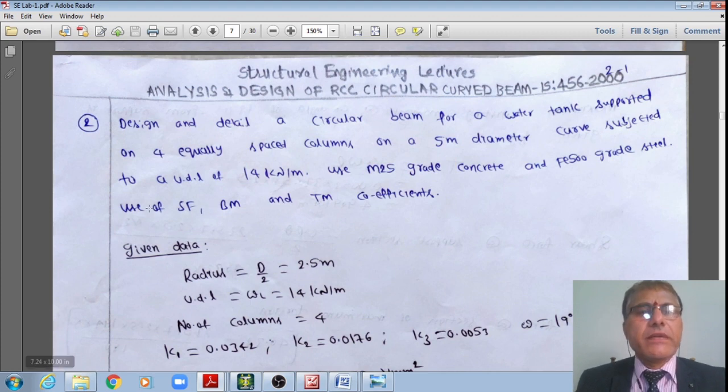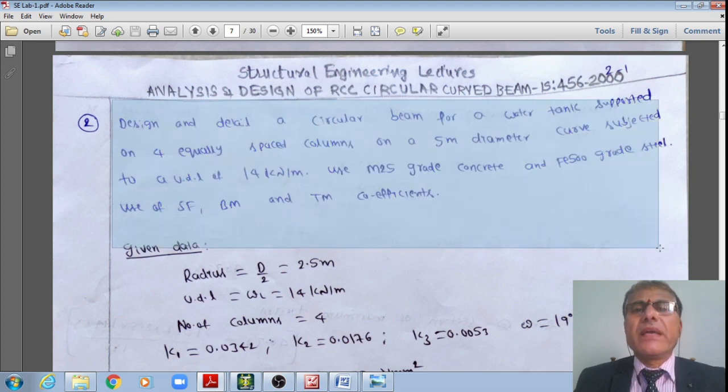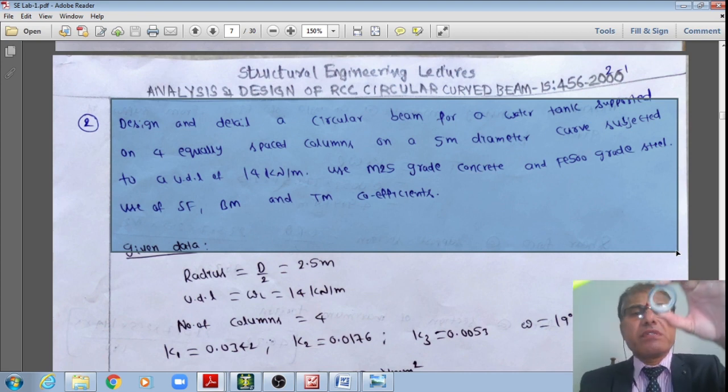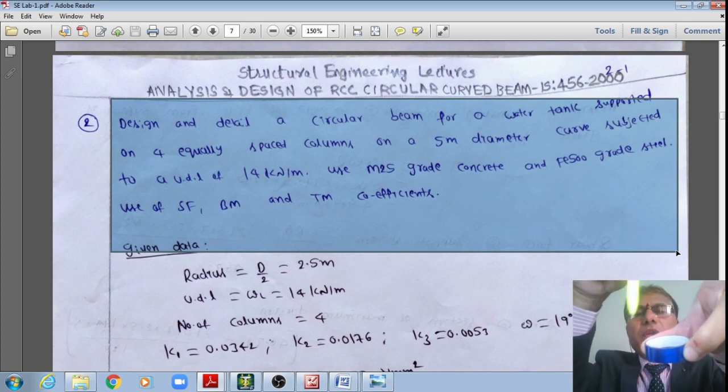Now let us see the problem definition, student. Design and detail a circular beam for a water tank supported on 4 equally spaced columns on 5 meter diameter curve, subjected to a UDL of 14 kilonewton per meter.